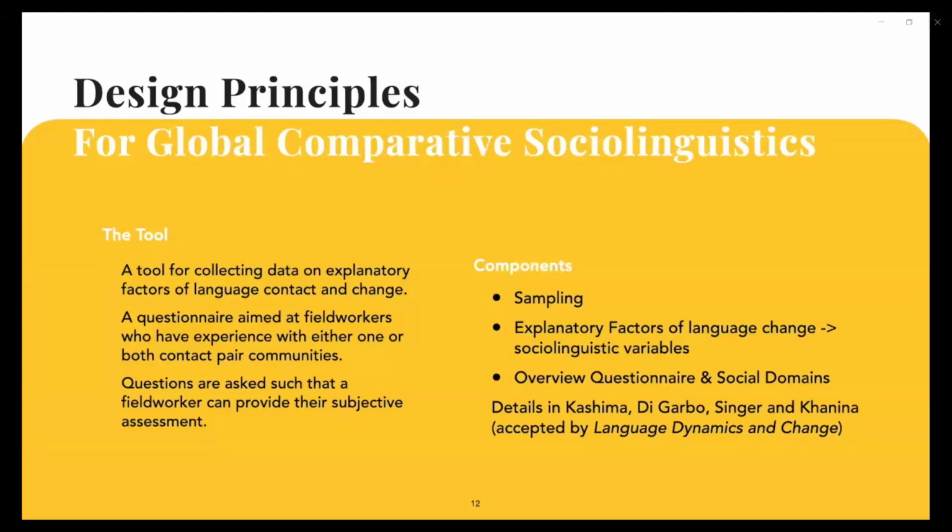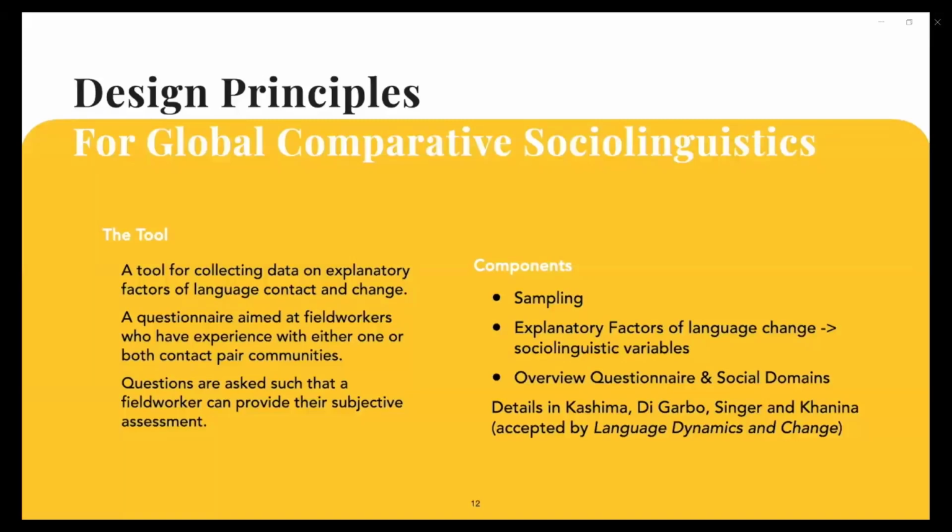This questionnaire was a tool for collecting data on explanatory factors of language contact and change. It was aimed at field workers who have experience with either one or both contact pair communities. And the questions were asked in such a way that field workers can provide their subjective assessment. And you'll see what I mean by this as we go along.